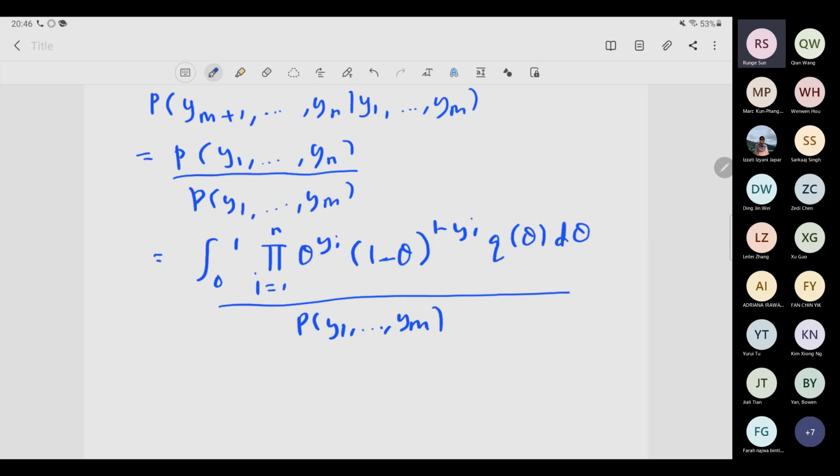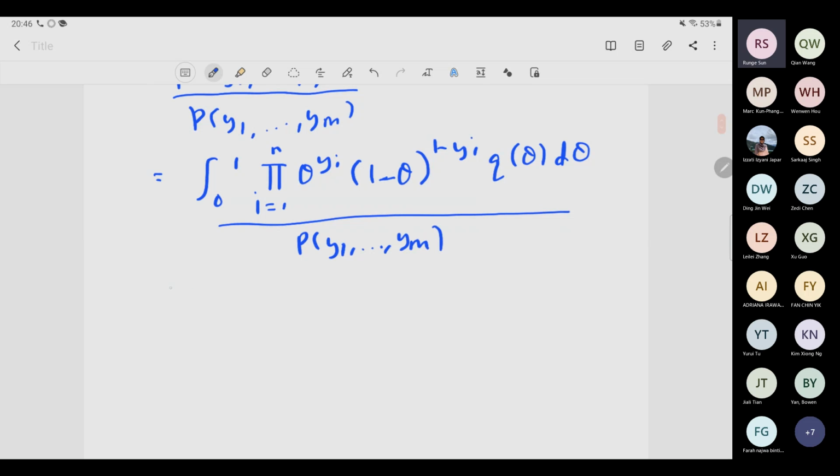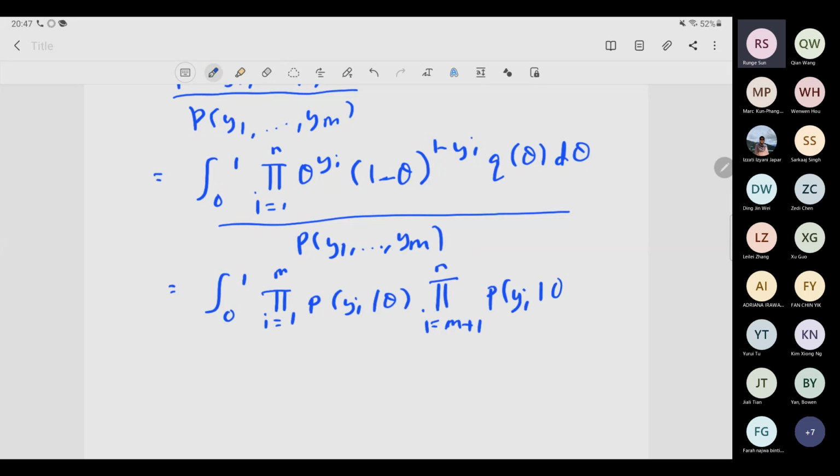So you have the de Finetti, and this is where you can divide the m and n data. So you have this.